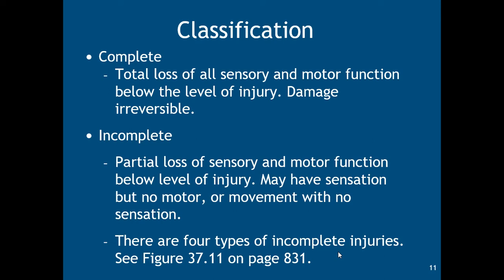Also, there are 4 types of incomplete injuries. See figure 37.11 on page 831. This is a good figure to help you study for those 4 types of incomplete injuries. Central cord syndrome is the most common incomplete injury. It's a hyperextension injury with central cord swelling.